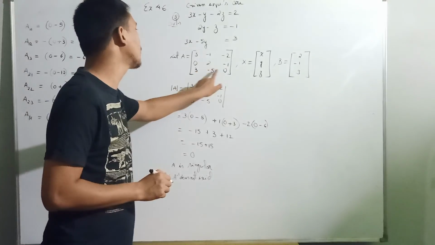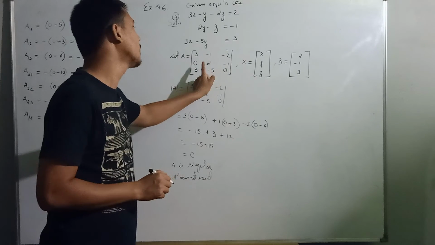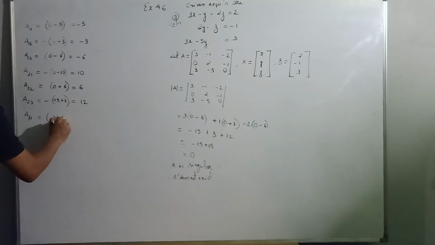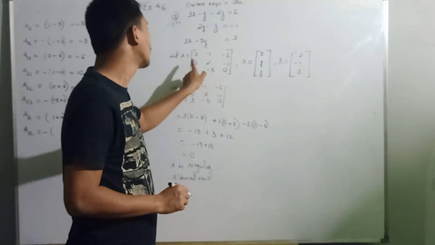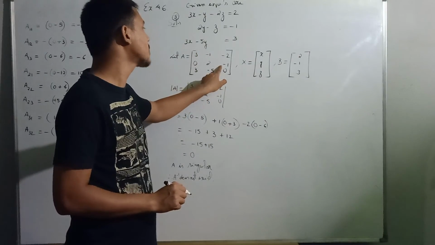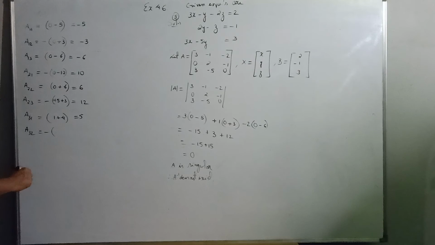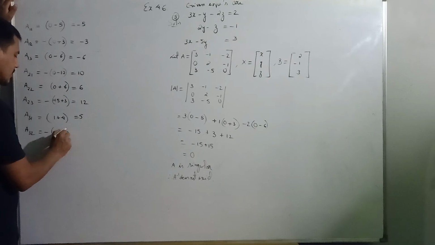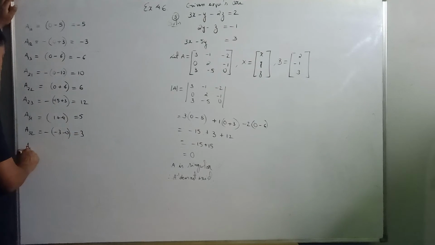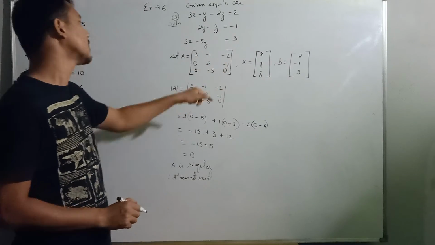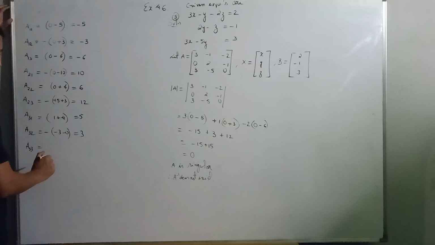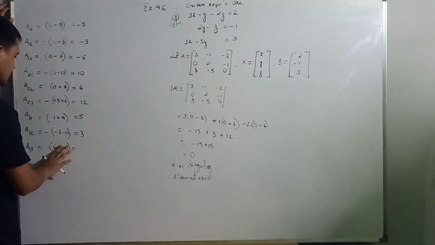The minor of this element means 1 plus 4, that is 5. A32 will be negative of the minor of this element: minus 3, minus 0, that is plus 3. And what about A33? The minor of this element will be 3 twos are 6, 6 minus 0.